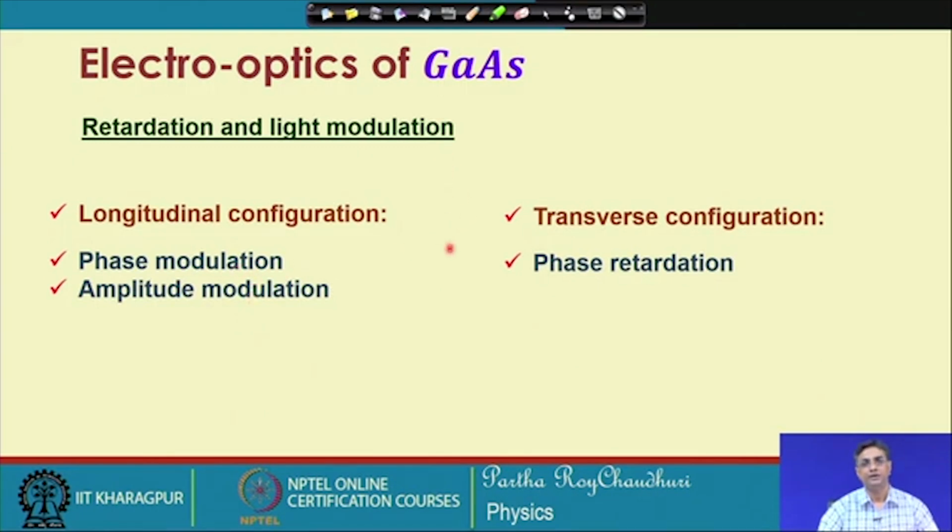The other way is that if you apply an electric field in the transverse direction, you can have the phase retardation, which can again be used as a modulator.